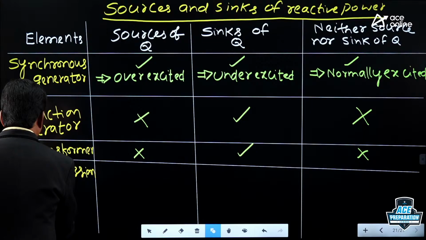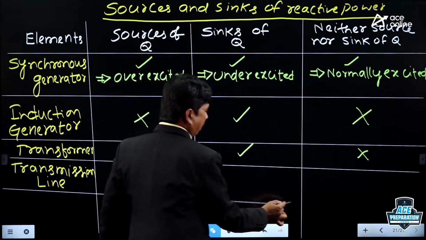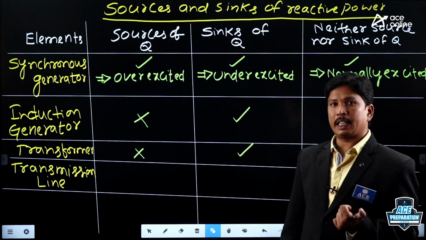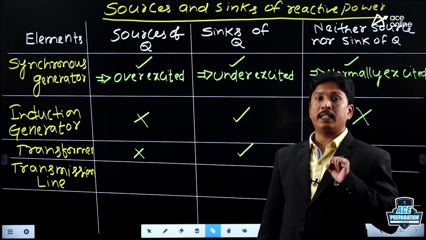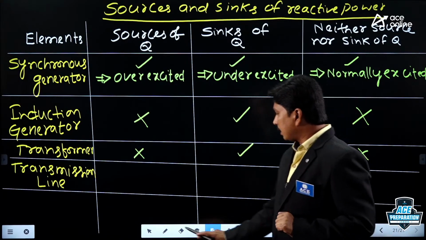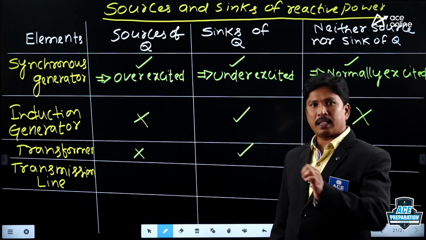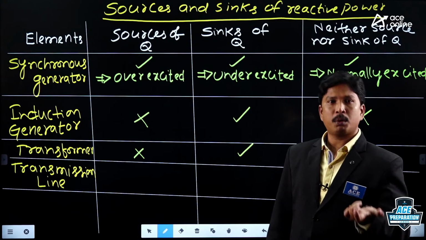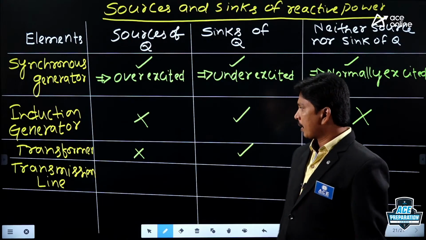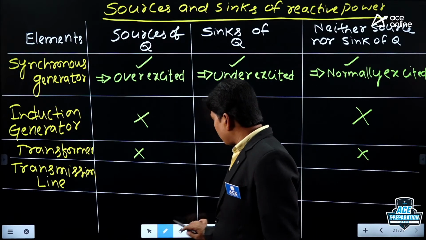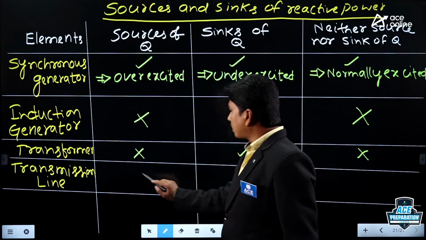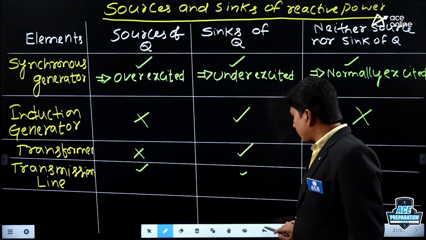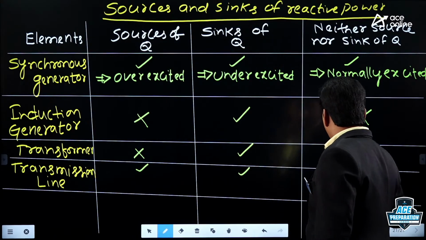The transmission line, based on the loading, may deliver reactive power, or it may absorb reactive power, and it can stay calm also. That means based on the situation or the loading on the line, the transmission line is going to deliver reactive power, or it may absorb reactive power also. So this operation is possible. It may be a source of reactive power, or a sink of reactive power, and it can stay calm also.